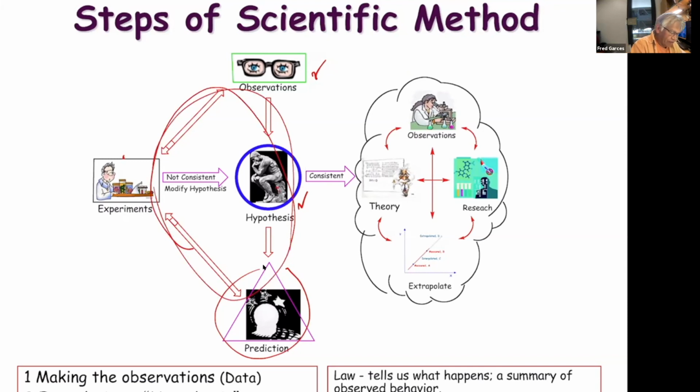And then if you prove the hypothesis enough times, then that becomes a theory, in which case you continue to do the same thing. You take your theory, you have a question on the theory, you do some research and experiments, you maybe extrapolate. So these are the parts of things for us to acquire and organize knowledge.